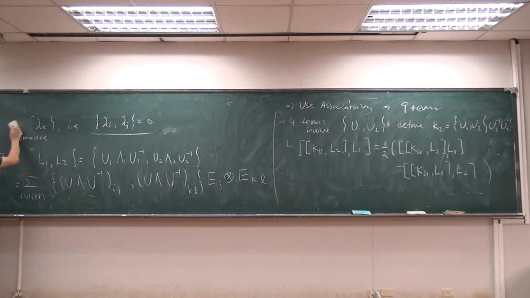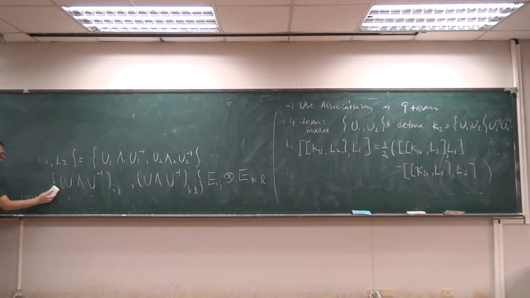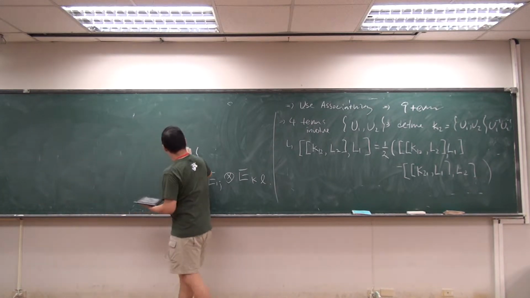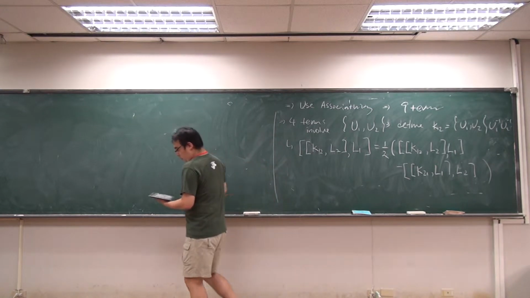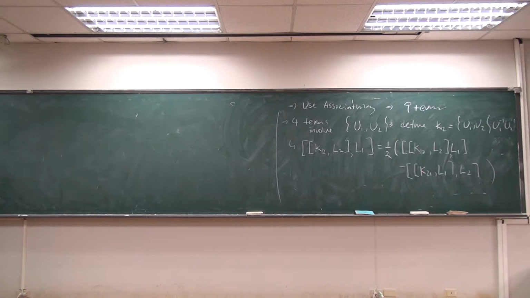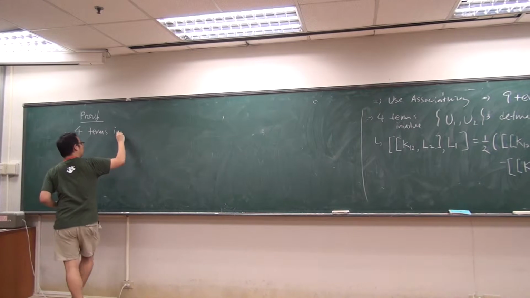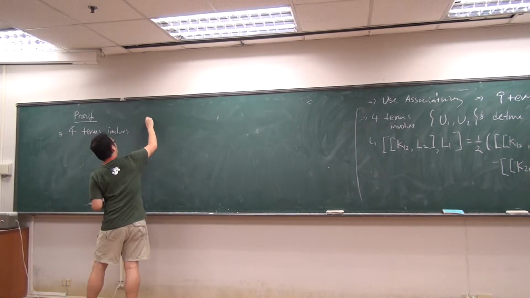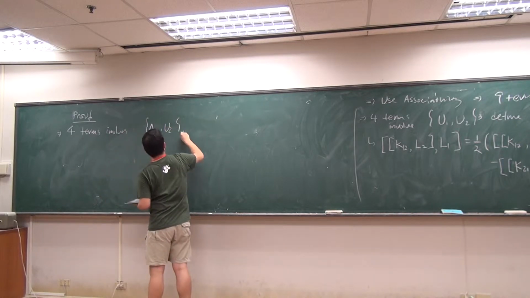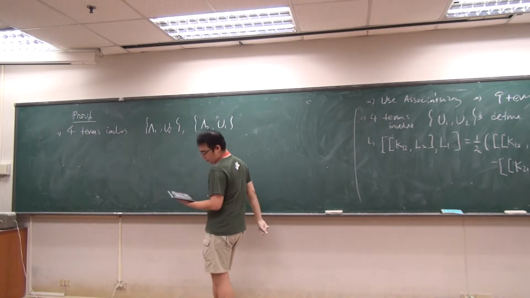So there are 9 terms altogether. There are other 4 terms, which involve the Poisson brackets of lambda 1 with U2, and lambda 2 with U1.